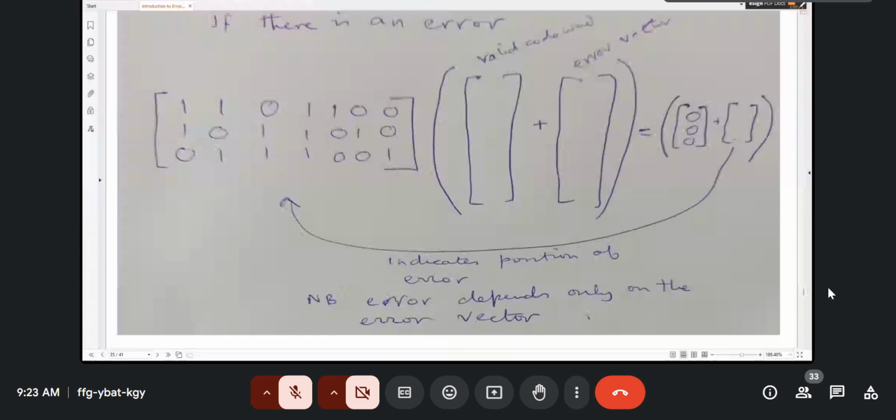If you have a valid code word contaminated by an error vector of 1 bit, the error vector can be any of these, you can see all the possible error vectors.